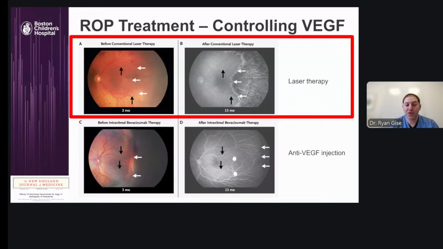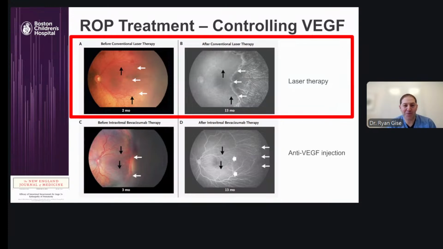I also talk about how the anti-VEGF agents, when we inject them, immediately bind to the circulating VEGF and therefore tend to start working within 24 to 48 hours. What I've noticed more recently with aflibercept injections is that the babies who are most active, who have type 1 ROP in zone 1, who have such a high burden of VEGF, the anti-VEGF agent tends to work much faster because of that.